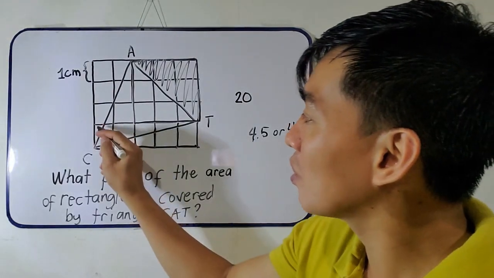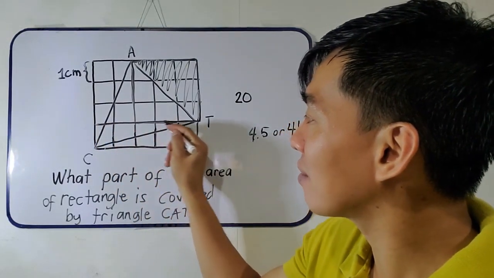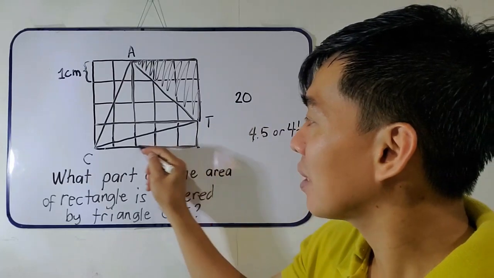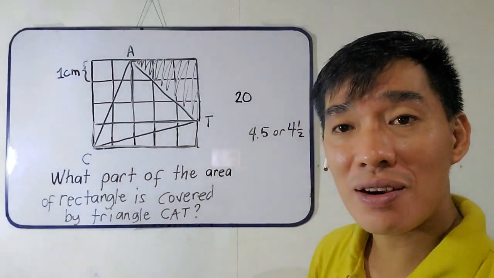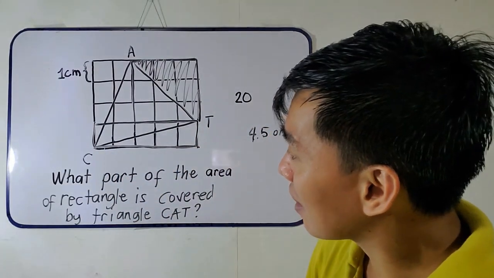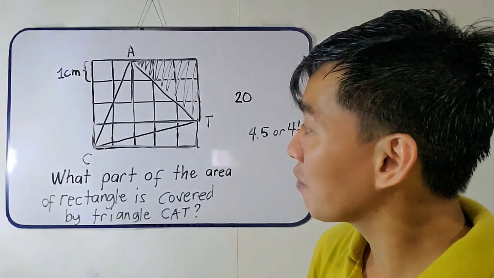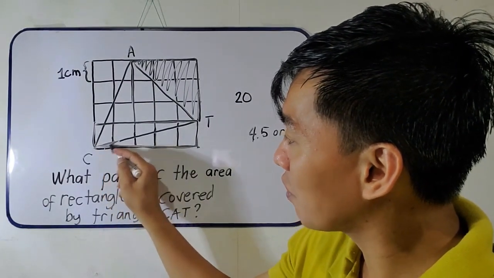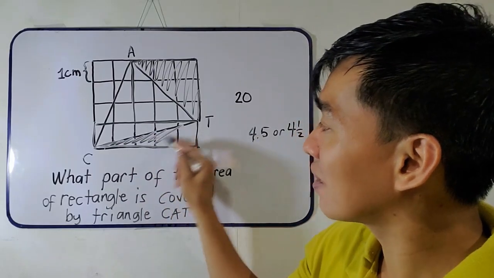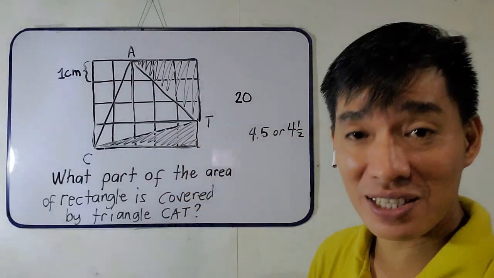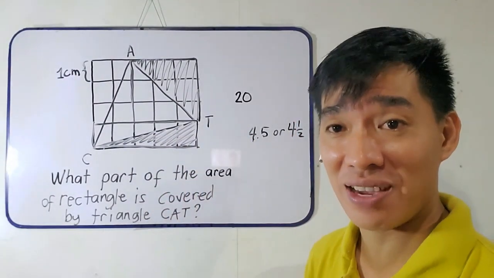Now let's look at the figure here. The figure here actually is a rectangle, and this portion is half of the rectangle, which is outside the triangle.